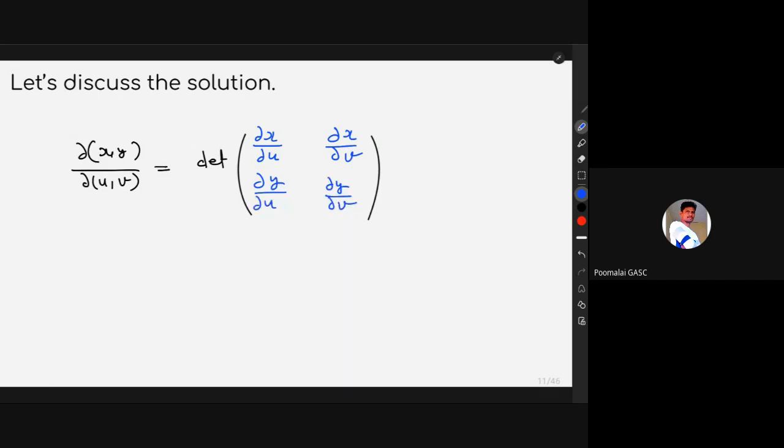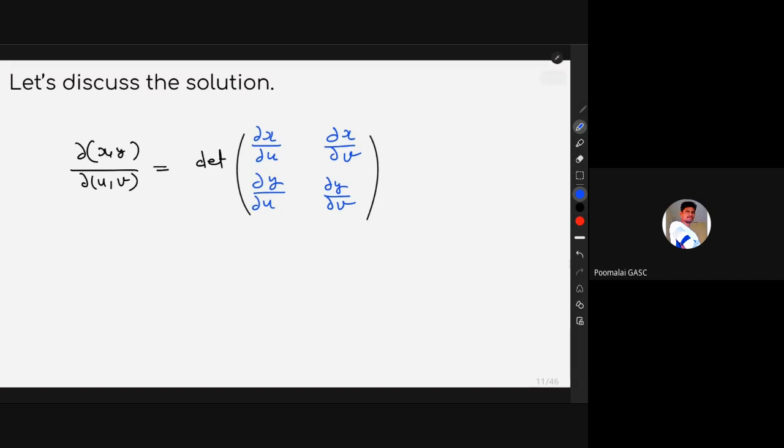Since you can notice that when we perform a change of variables, each of the coordinates x and y is a function of two variables in itself. That's why I'm taking the partial derivative of x with respect to u, partial derivative of x with respect to v, and so on.